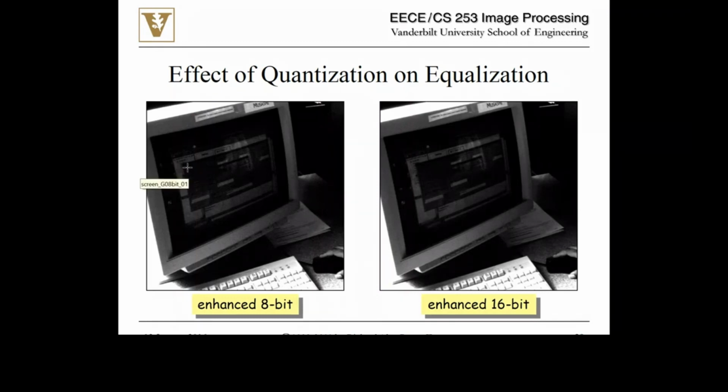How many more values do you have when you go from 8 to 16 bits? Between one color in 8 bits and the next one, I have just one possible value.